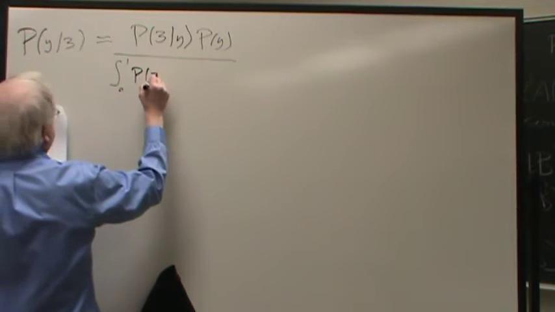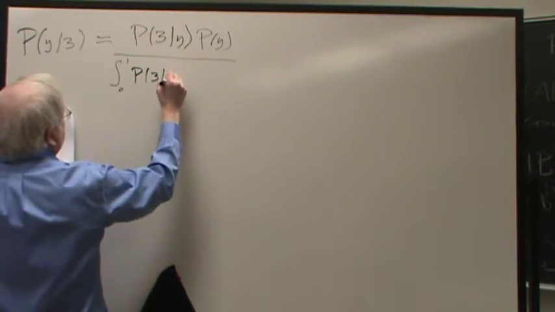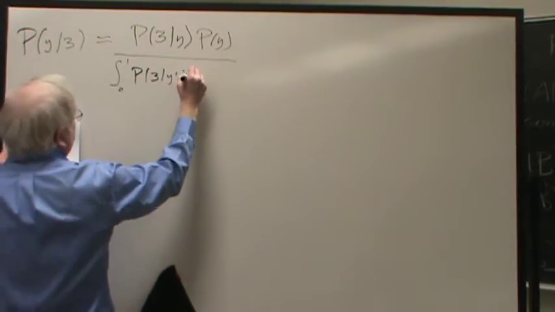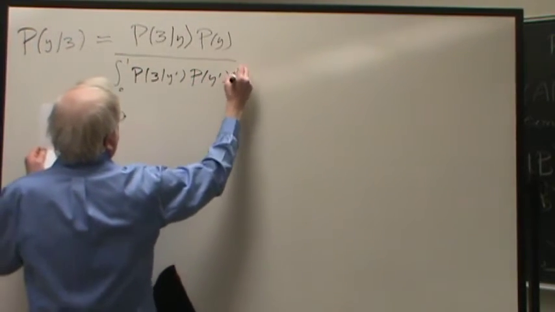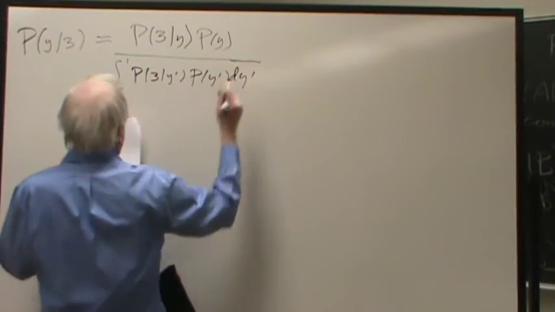P of 3 given y prime, probability of y prime dy prime.